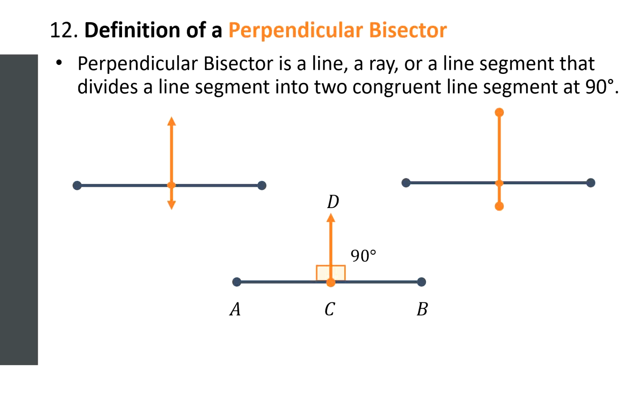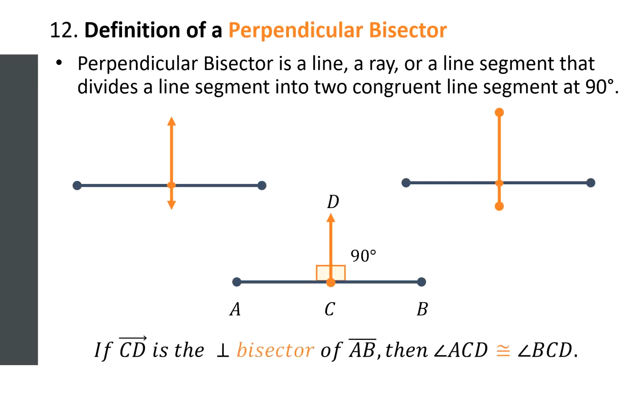So, for example, yung if-then statement natin, we can write this as, if ray CD, so dito sa given natin, ray CD is the perpendicular bisector. Yung inverted T na ito, ang ibig sabihin ay perpendicular bisector of line segment AB.